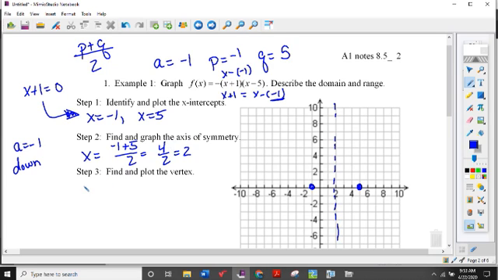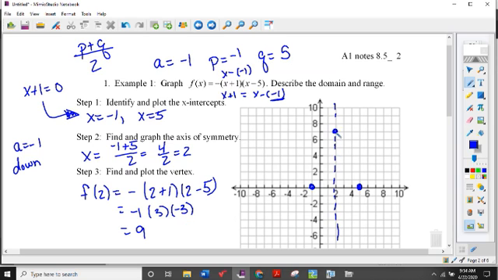Now I want to plot the y coordinate of the vertex. So I'm going to plug in 2 for x into my original equation. So -1 times 3 is -3, -3 times -3 is +9. So my vertex is up here and my parabola opens down.